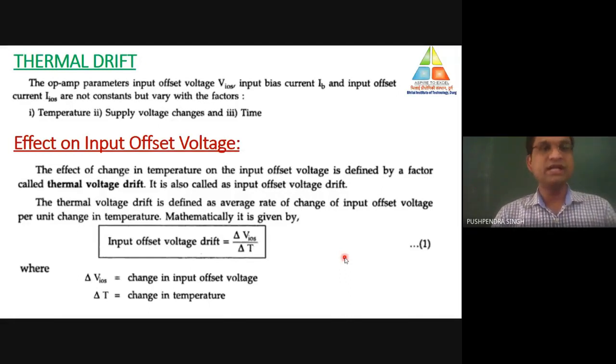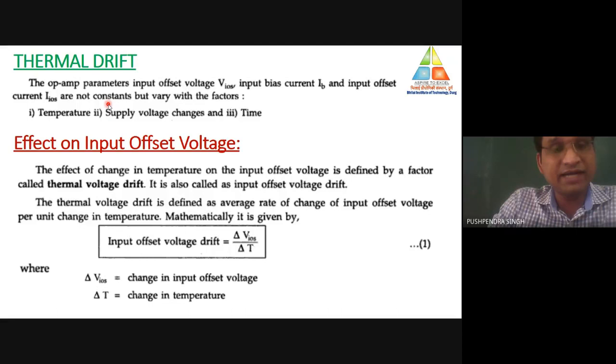So the output generated by the operational amplifier should be the same for the values given at the input terminal. But if there are some changes in these parameters, that will directly affect the output of the operational amplifier.